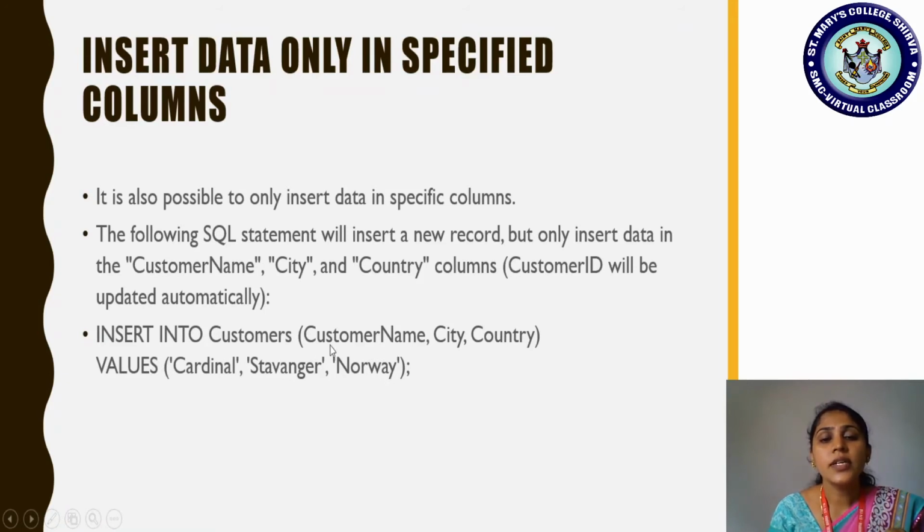What is the customer name? Cardinal. Then city name is what? Stavanger. And what is the third one? Country? Norway. Okay. So this is how we can use the first category of syntax in case you want to fill the values only for particular columns. Where we are making use of the column name followed by putting which one? The values. Okay.